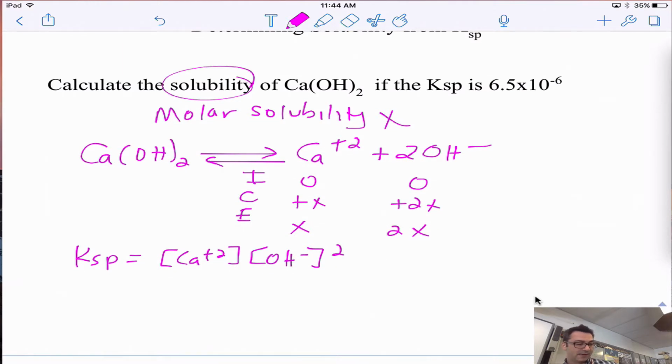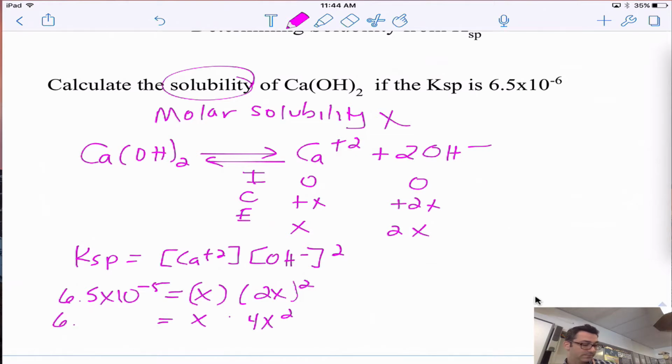If I put in my values for x, I know Ksp, it's 6.5 times 10 to the negative 5th. That's equal to x for Ca, 2x all squared for OH minus. And this is where you have to be careful. 2x squared becomes 4x squared times x equals the same Ksp. And then this can be all condensed into 4x cubed.